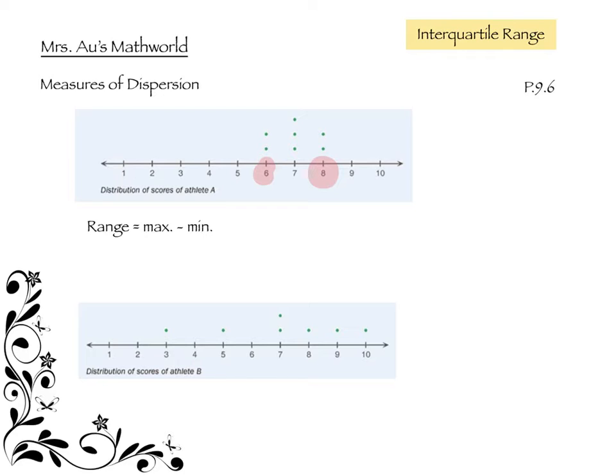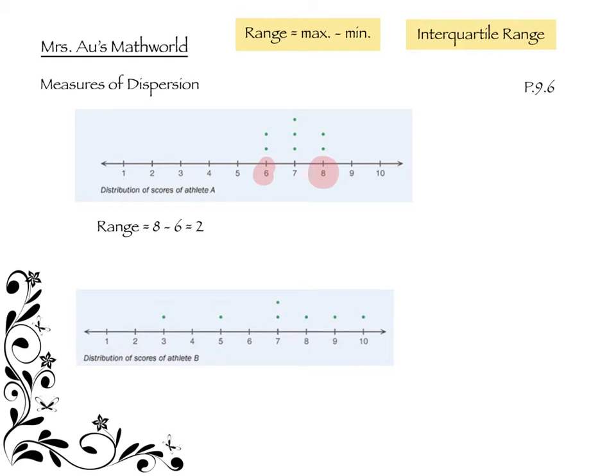As a result, the range of the score of FLIP-A is 8 minus 6, which equals 2. And then we look at the range of FLIP-B. For FLIP-B, the maximum score is 10, but the minimum is 3. So you see the range of FLIP-B, of course, is larger.